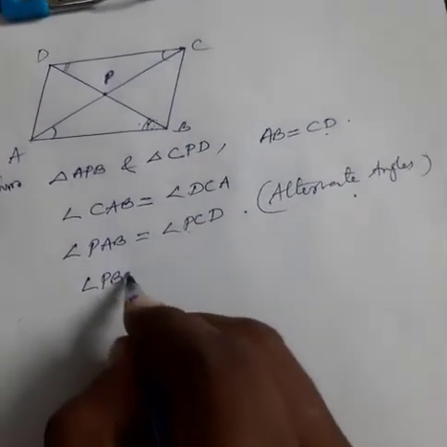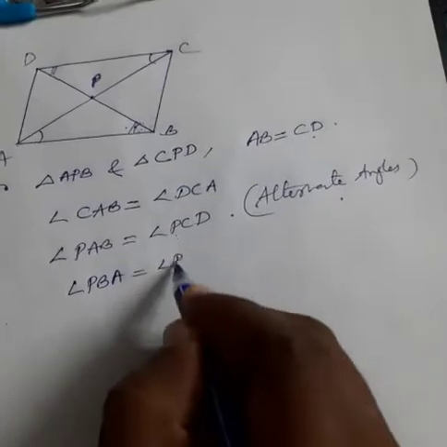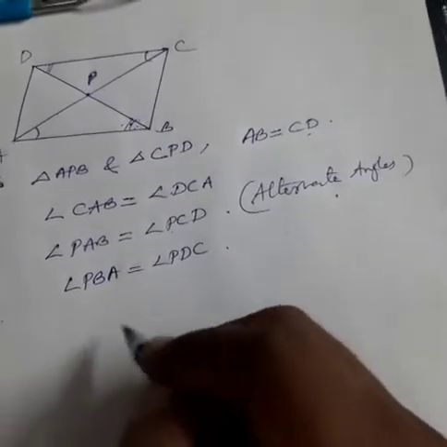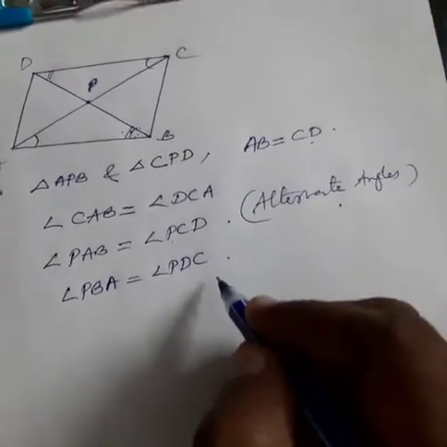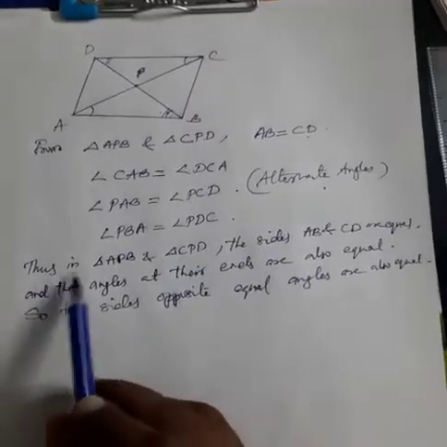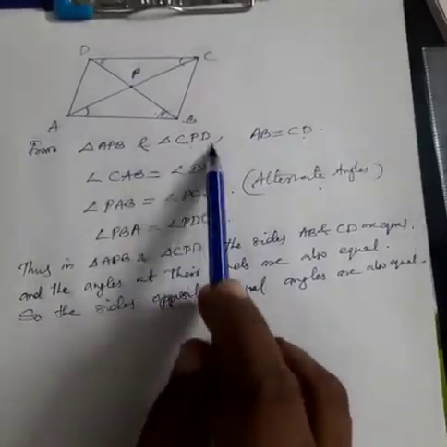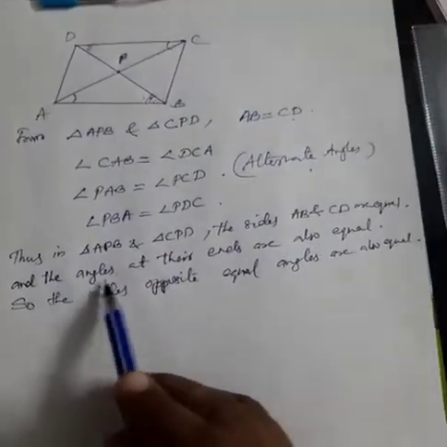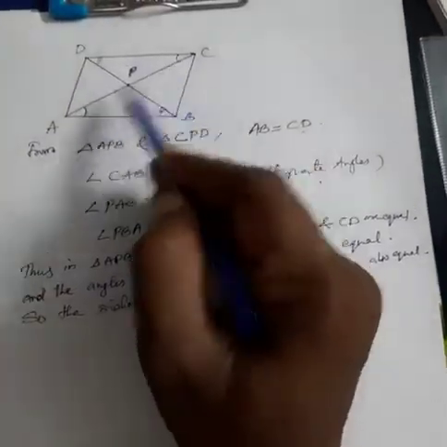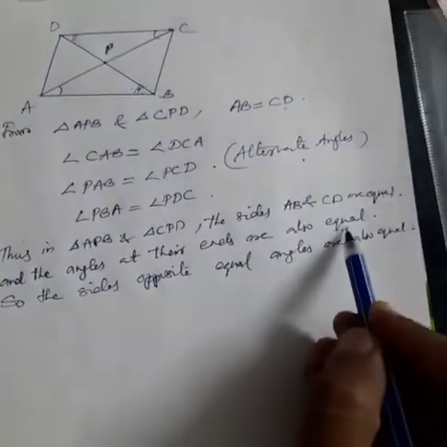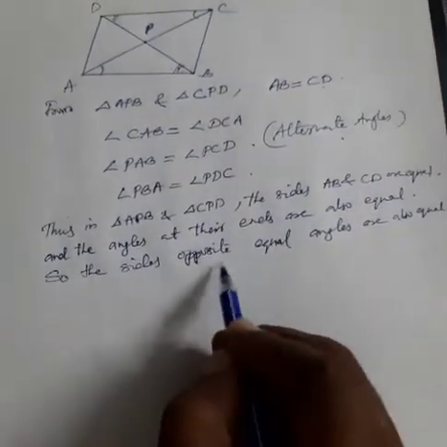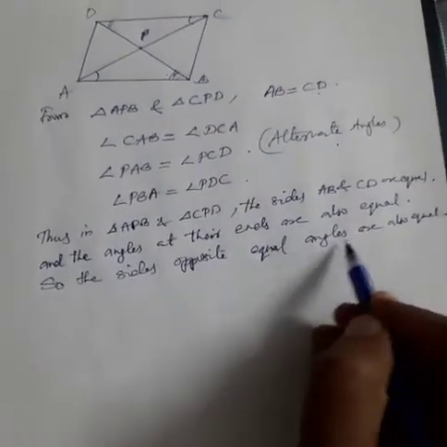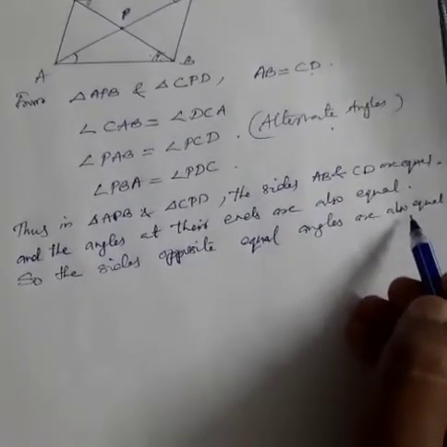Angle PBA is equal to angle PDC. Thus, in triangles APB and CPD, both the sides are equal and the angles at their ends are also equal. So the sides opposite equal angles are also equal.